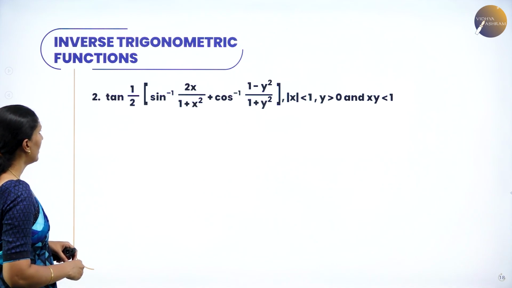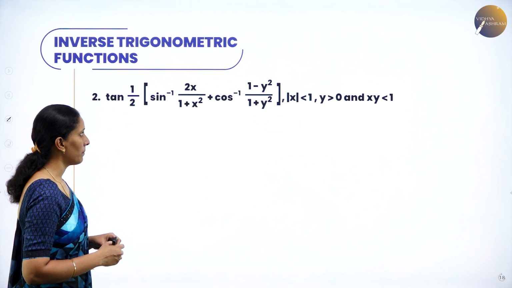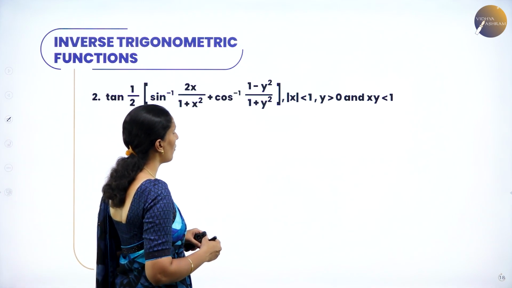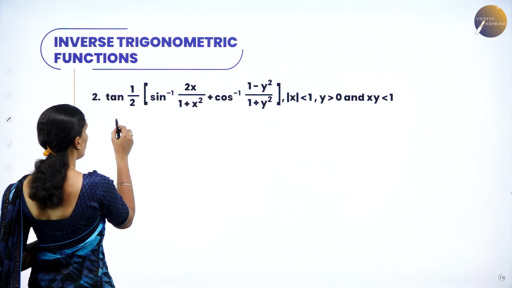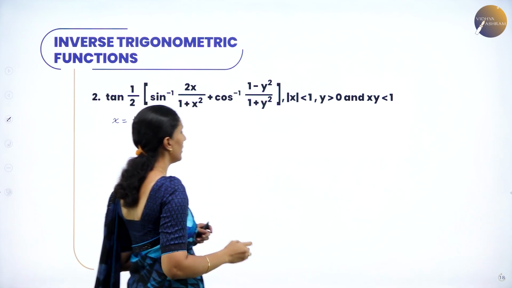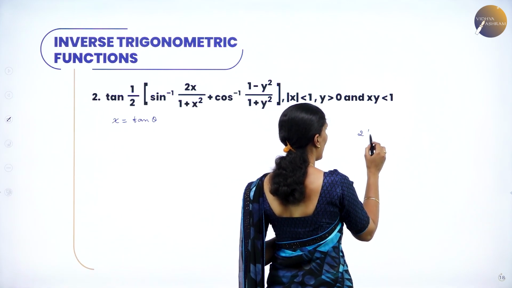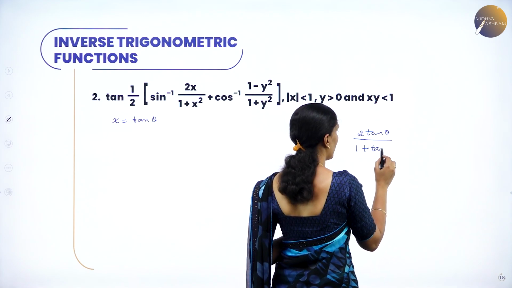Next, tan of 1 by 2 sin inverse of 2x by 1 plus x square plus cos inverse of 1 minus y square by 1 plus y square. See, if you put x is equal to tan theta here, then this is 2 tan theta by 1 plus tan square theta.